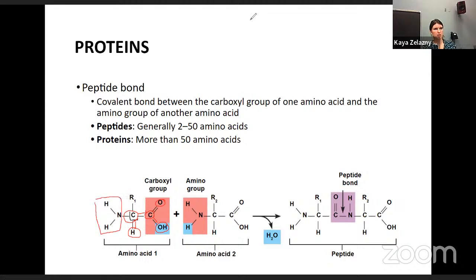The part that makes our 20 amino acids different from each other is this R group. The R group is going to vary between our 20 amino acids, and that's ultimately what's going to give our different proteins different functions. So we'll pick up with thinking more about proteins on Wednesday.